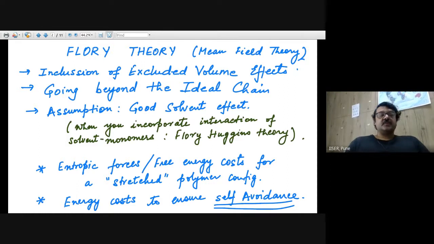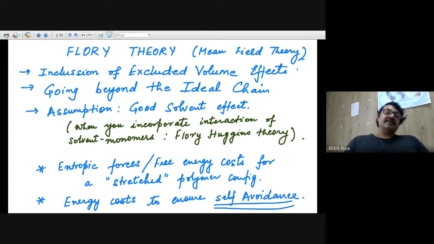So we decided to come up with the idea of a Kuhn segment, so that if you look at a long polymer chain at length scales larger than the Kuhn segment, you can consider it at that length scale to be a flexible polymer chain, where the Kuhn segments shall be the new coarse-grained effective monomers of a polymer chain.